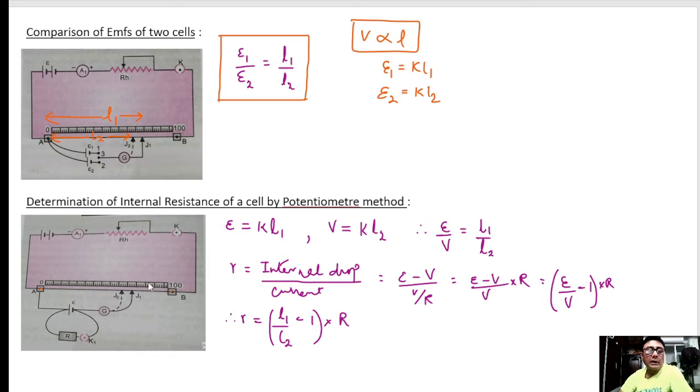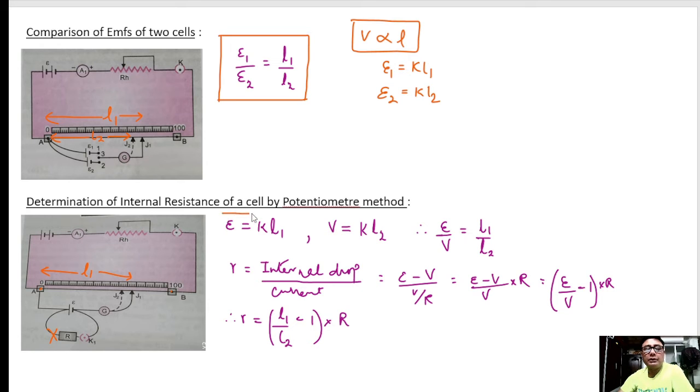First of all, we will switch off this part and only allow the current through the EMF to the battery to go, and suppose that has been balanced at a length L1.